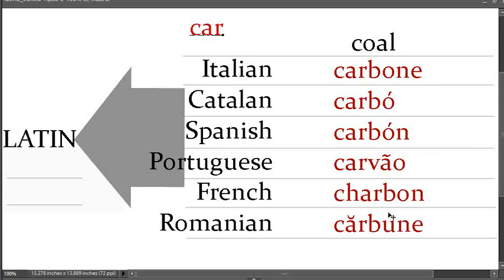Now, B and V are very closely related letters. In many languages, they have been, well, a good example is Spanish. Castilian Spanish, which is the Spanish they speak in Spain, in Europe, many of the B's sound like V's.